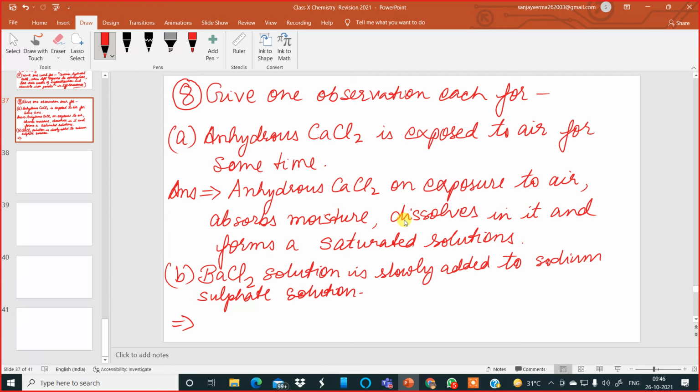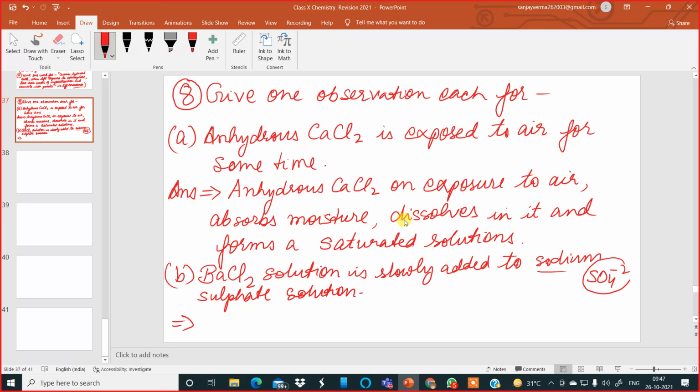Now barium chloride is a reagent in the chemistry laboratory. It is used to detect the acid radical called sulfate, SO4 minus 2. Whenever you add barium chloride solution to sodium sulfate solution, what do you observe?